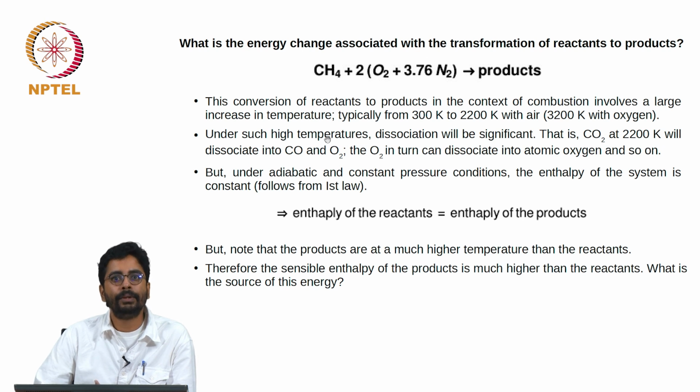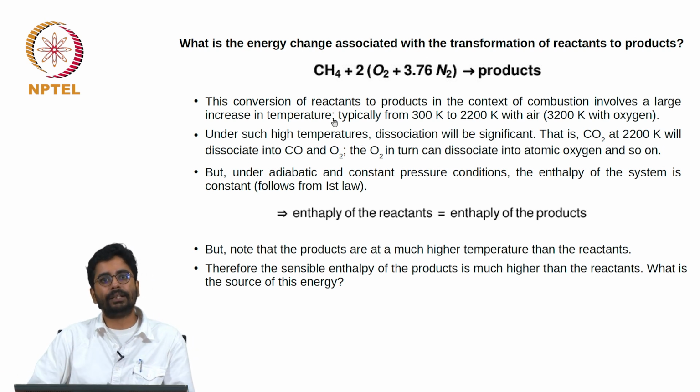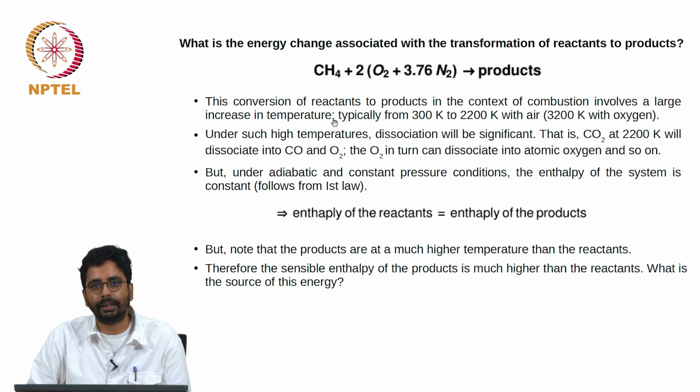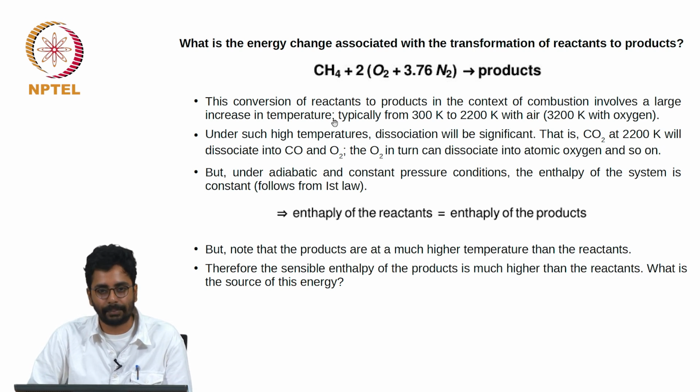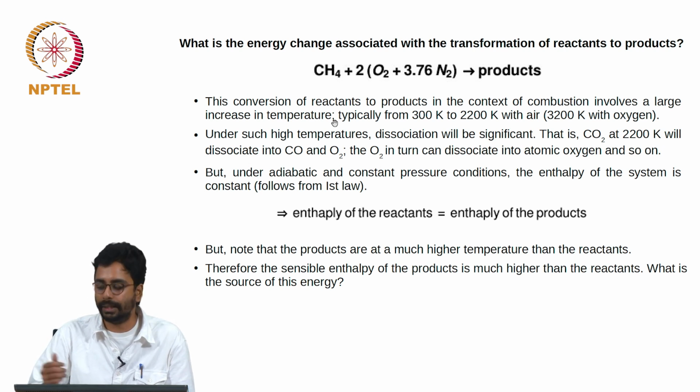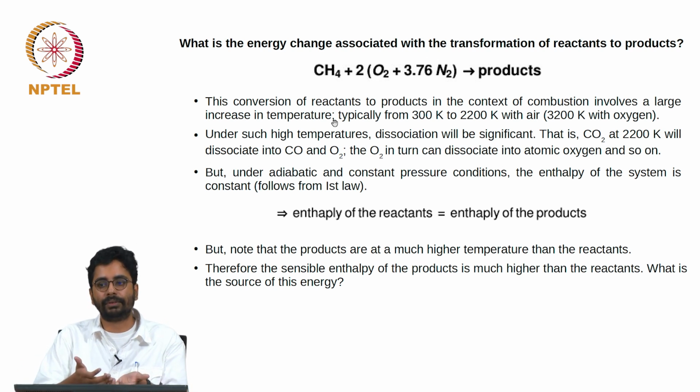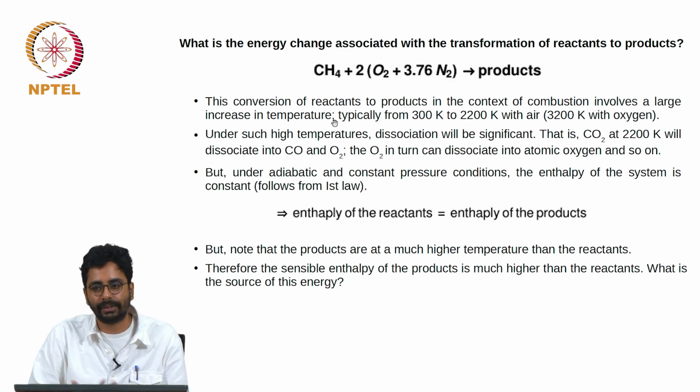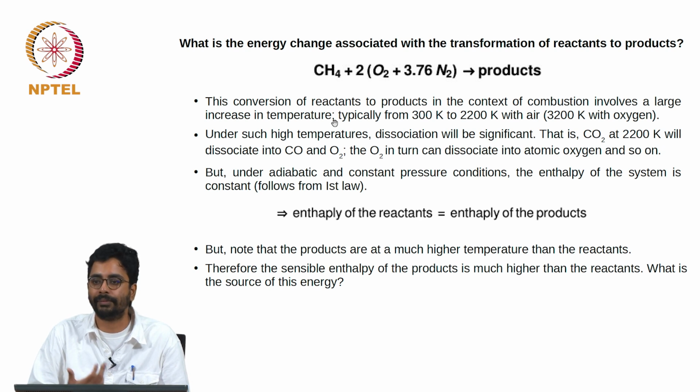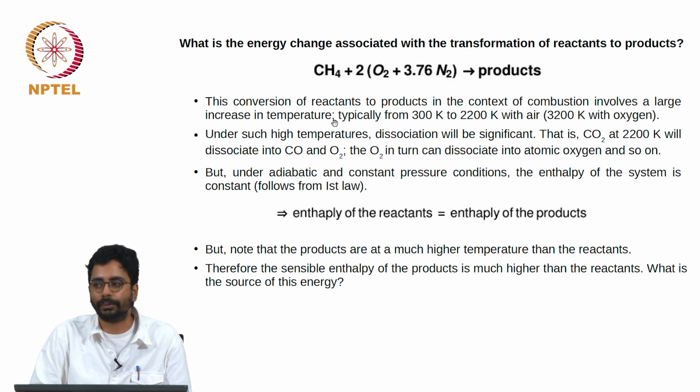This conversion of reactants to products in the context of combustion involves a large increase in temperature. We know that typically the starting mixture is at room temperature, 300 kelvins, and increases to about 2200 kelvins with air and to about 3200 kelvins with oxygen.